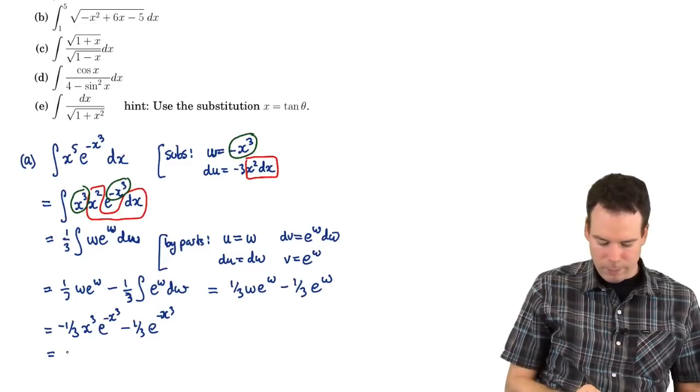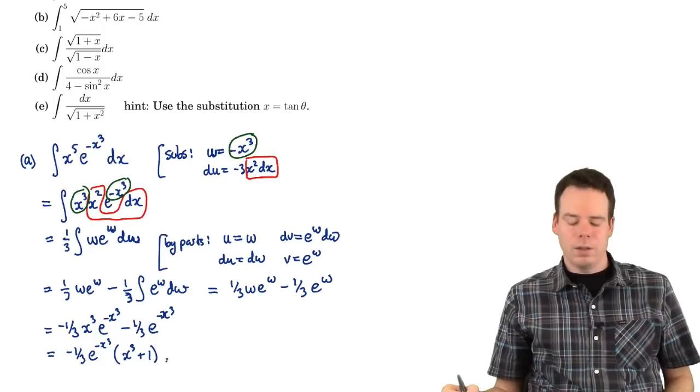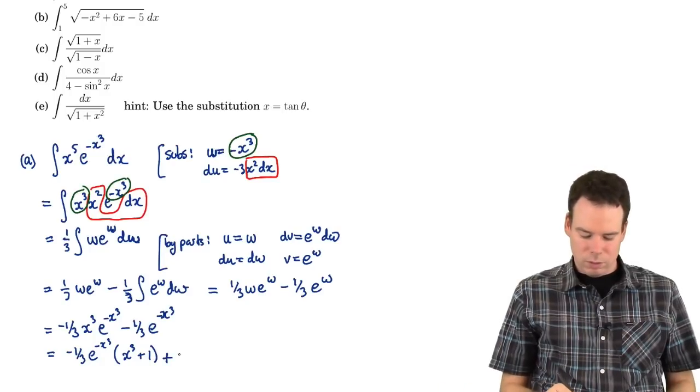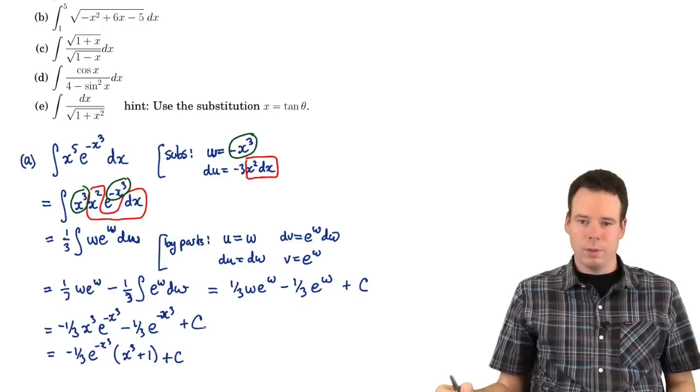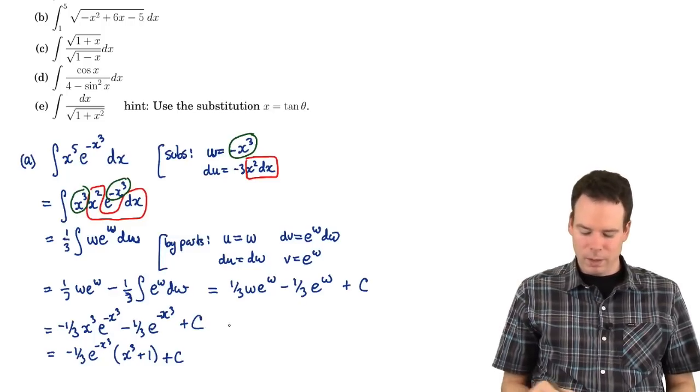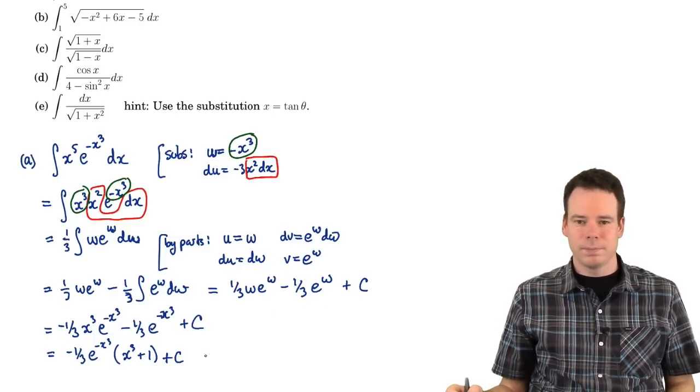Or in other words, negative 1/3 e to the negative x cubed times x cubed plus 1. And there's our result. Oh, I should add a plus c once we've gotten rid of the antiderivatives there, or once I got rid of the integral sign. Then we've got our general antiderivative with the plus c. And so there's our result.